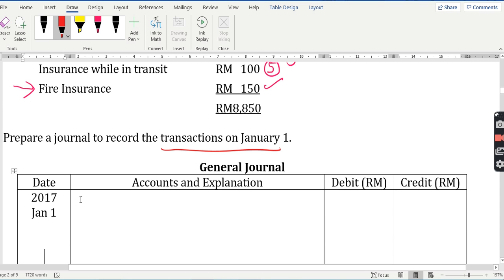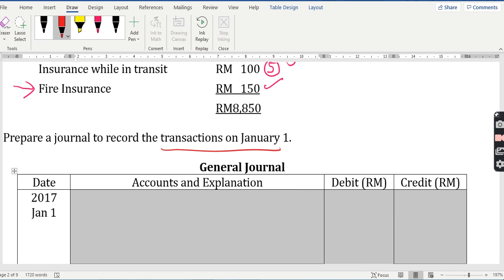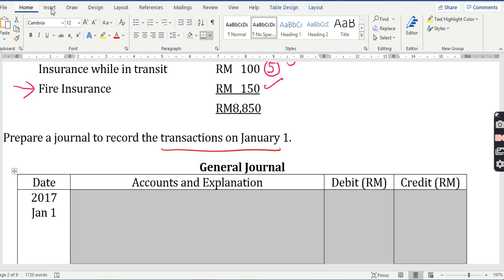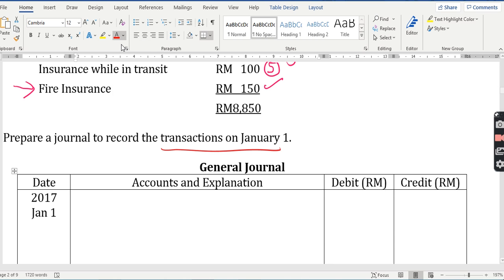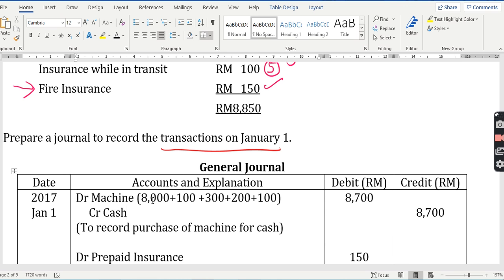So we will debit machine, and we will credit either cash or bank, depending on how you are paying for the asset. The 5 items are 8,000, 100, 300, 200, and 100, which total 8,700.